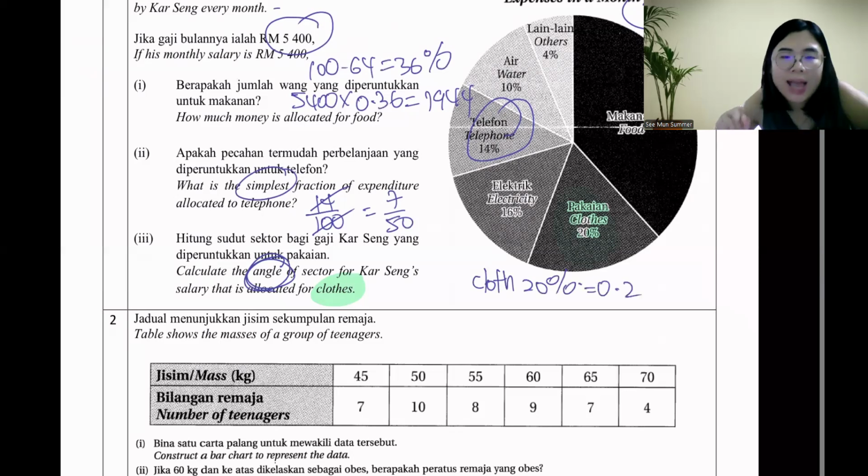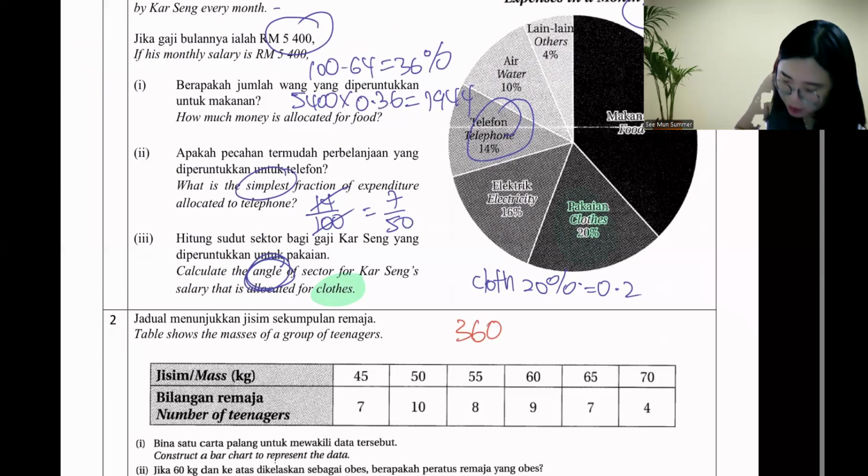For percentage, the full mark is 100. For angles, the maximum angle that the pie chart has is 360. We know one circle is 360. So it equals 360 times 0.2.